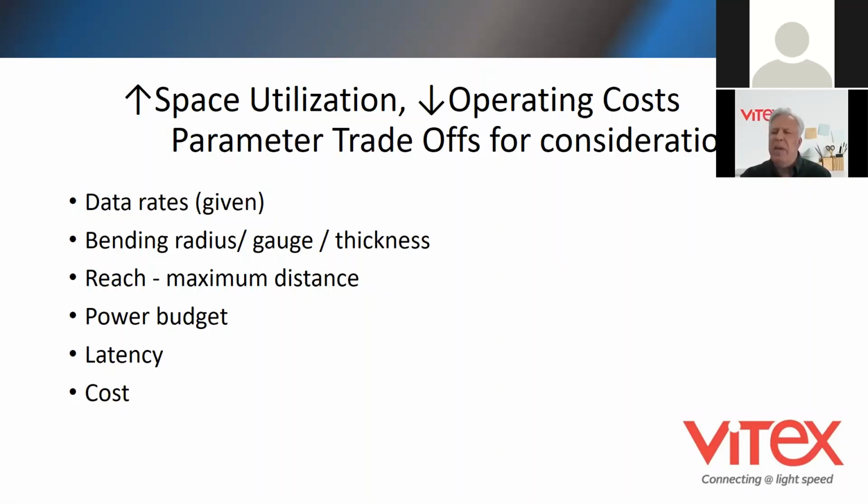And it may not be directly applicable to intra or inter-rack cabling, but it's an important consideration for other things within your data centers, whether you're going from the leaf to the spine or any other cabling considerations you might have. We want to talk a little bit about power budget. Of course, if you're in a data center, this is a huge parameter.